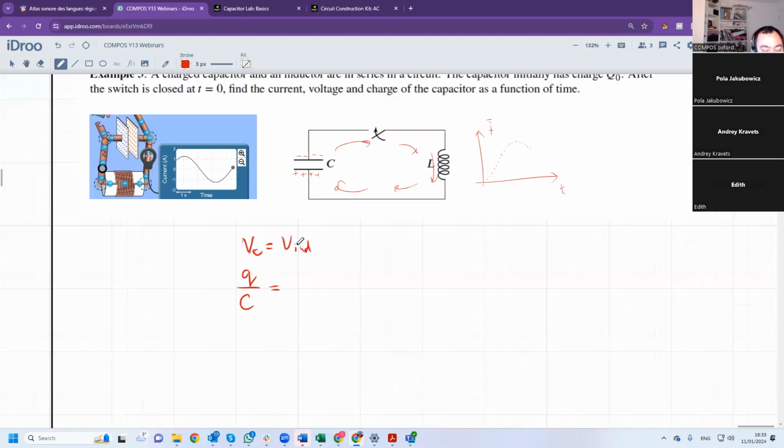And the voltage on the inductor is L dI/dt.